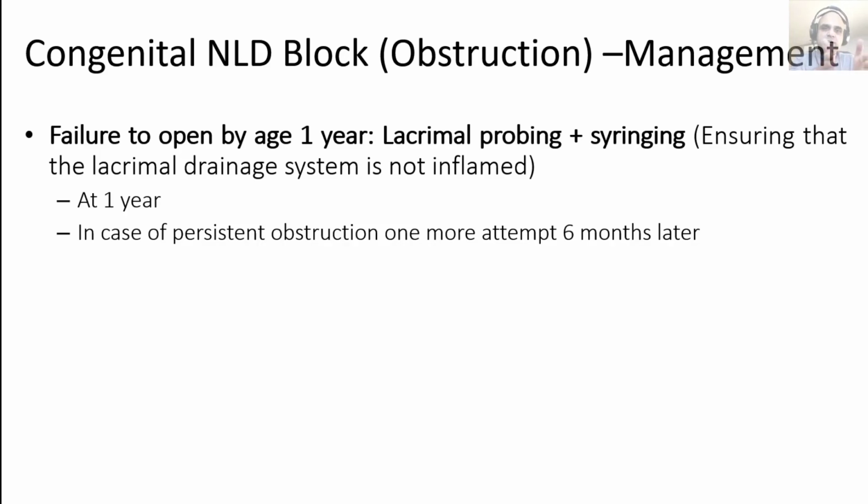So that's step 2 and 3. Step 1 being massage till 1 year of age. Step 2 is at 1 year of age, you do probing and syringing. Step 3, if required, is repeat probing and syringing 6 months later.